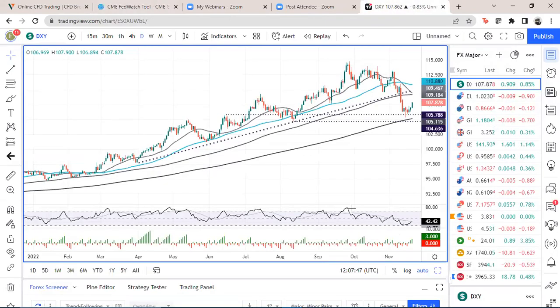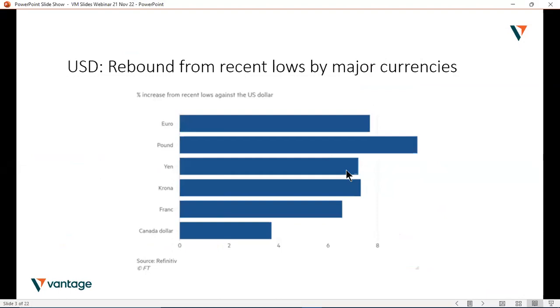Just looking at the dollar, I'll just go back to that. This graphic that we've seen, you can see this rebound against some of its peers from the lows recently. Certainly sterling sticks out, from that spike low down at 103.50 or so.